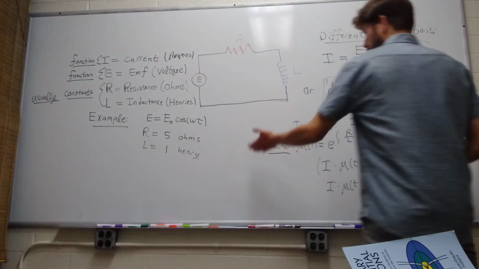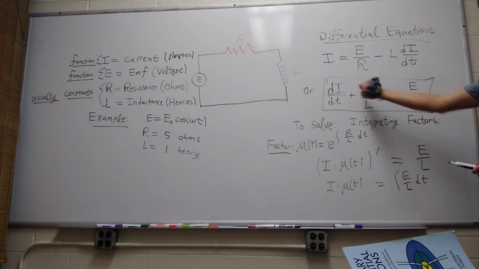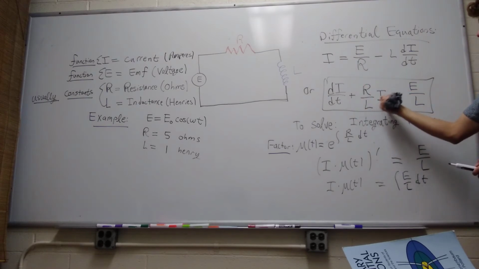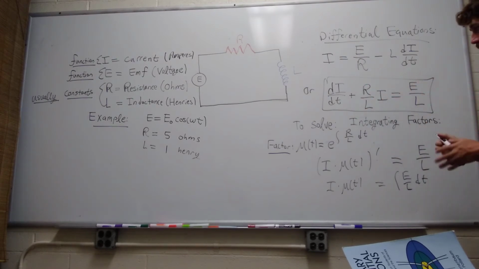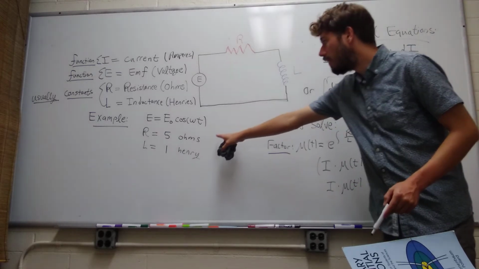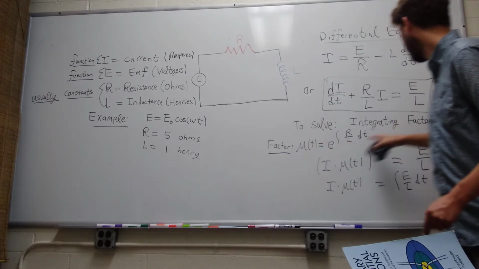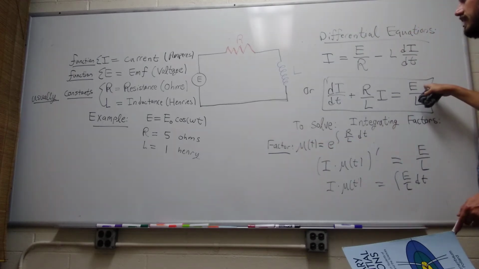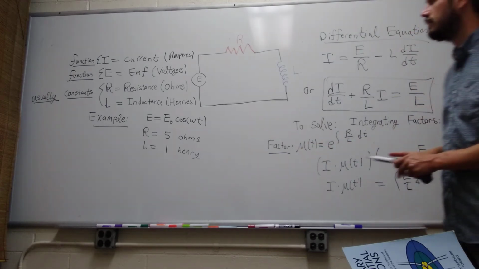So in that case, what's our differential equation here? The dI/dt plus R over L times I is equal to E over L. Well, now we can just plug in R is 5, L is 1, and E is E naught, some original constant.